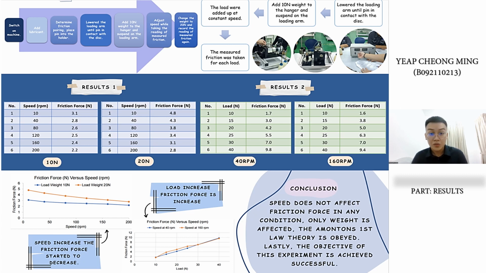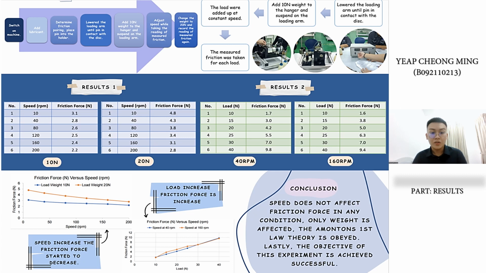These are the results of the experiments. The friction force obtained at 10 Newton when speed increases is shown in the first table, and the friction force measured at increasing speed but at a constant weight of 20 Newton is shown in the second table.